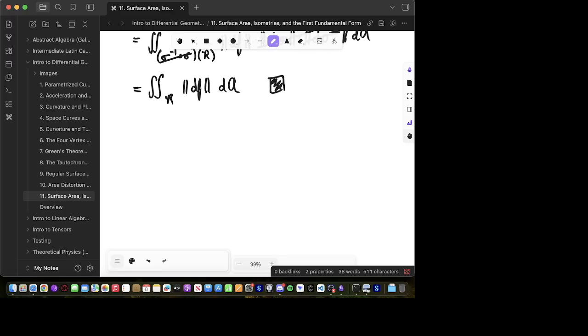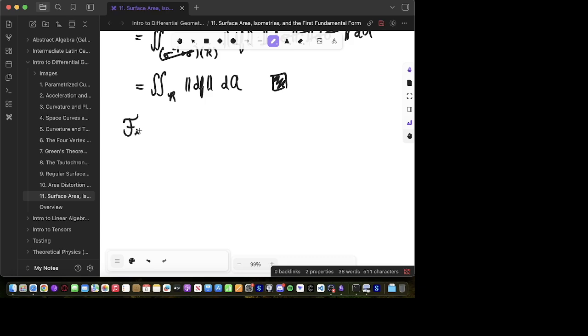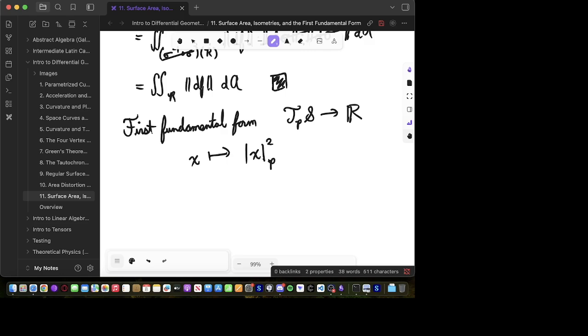First, the first fundamental form is a map from the tangent plane to R, and we basically define it by mapping a tangent vector x to the squared norm of x.